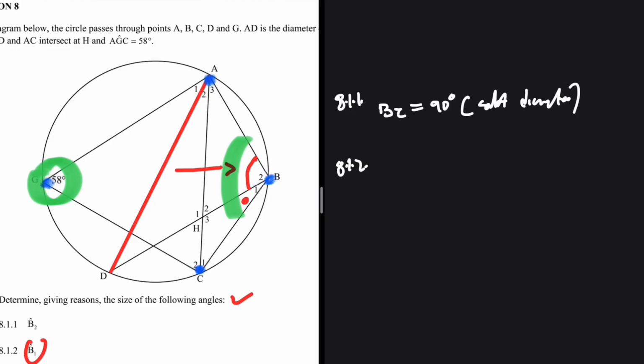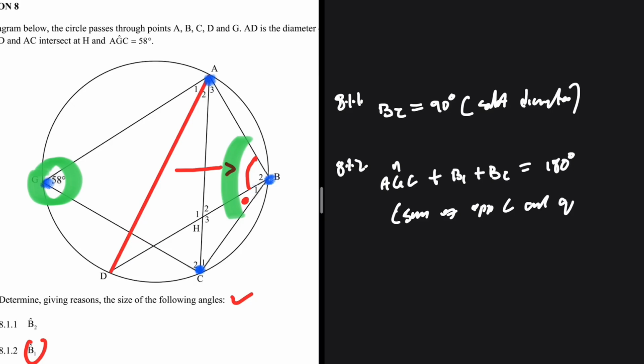Those are the sum of the opposite angles of a cyclic quad. So angle AGC plus angle B1 plus angle B2 should give us 180 degrees, and we have to give that reason: sum of opposite angles of a cyclic quad.